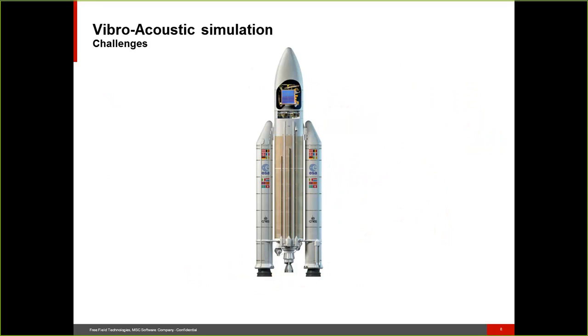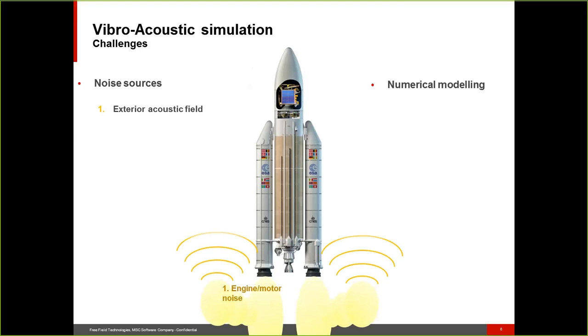For each type of external noise sources, Actran has an efficient corresponding numerical model. Let's consider one of the first exterior sources, that is the acoustic field generated at liftoff due to the engine noise. This excitation can be seen as a broadband and random acoustic pressure.